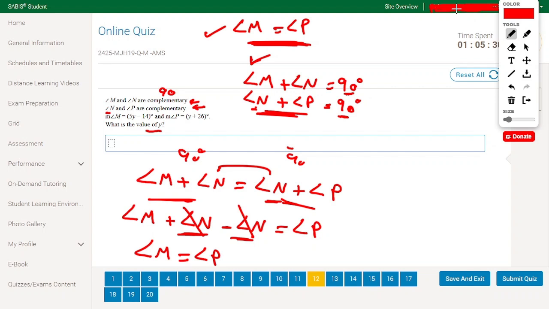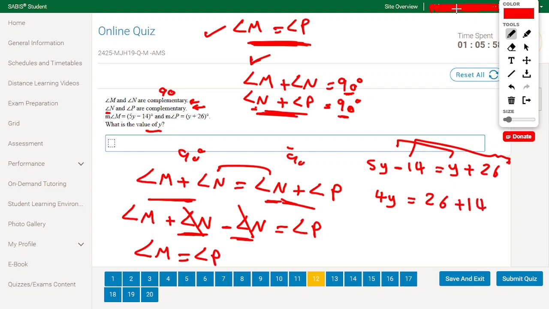Now let's substitute the values of M and B here. So I have 5y minus 14 equal to y plus 26. We'll move y to the other side, so it will be 4y, and minus 14 will go to the other side as plus, equal to 26 plus 14.